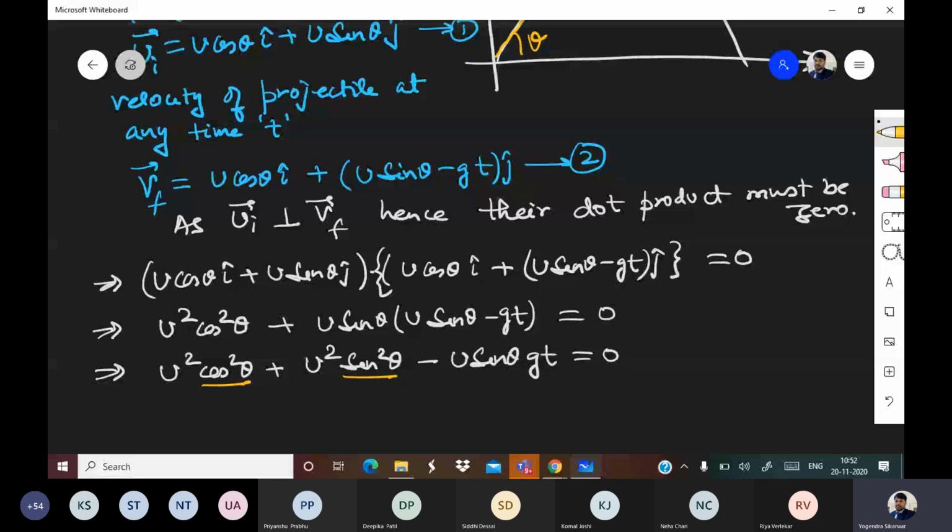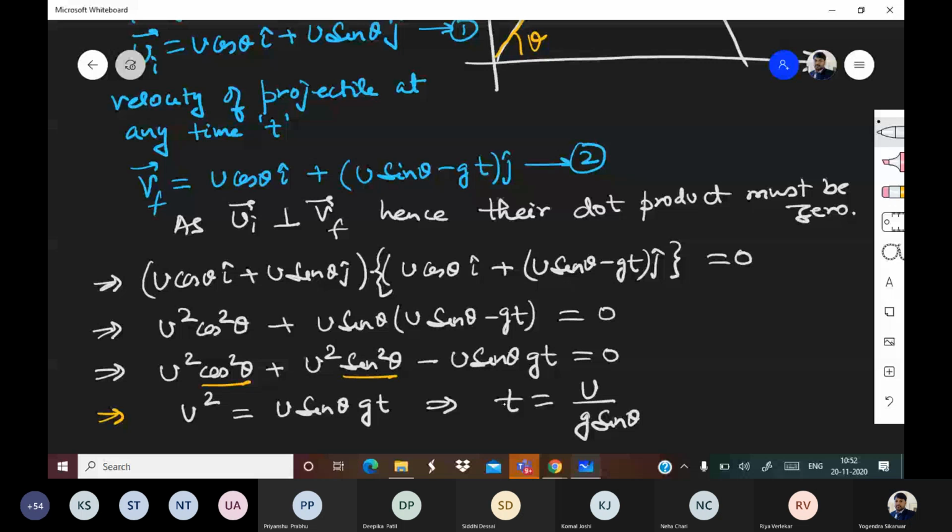So what we are going to get? u square is equal to u sin theta into gt. So t will be u upon g sin theta. Correct? So this is the time at which velocity will become perpendicular.